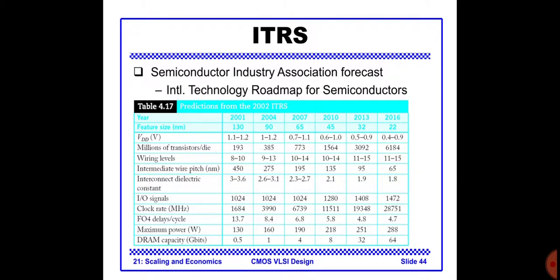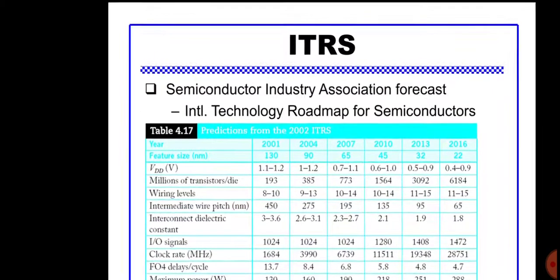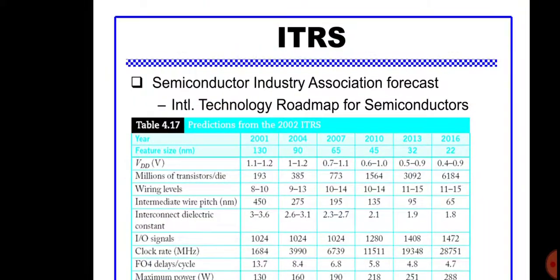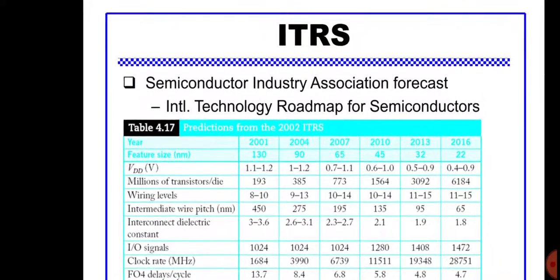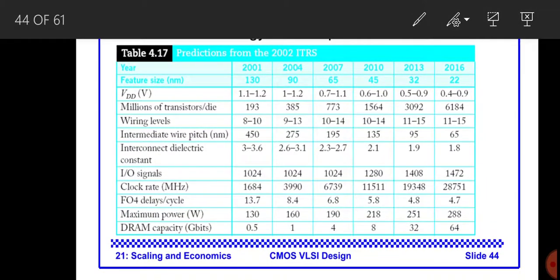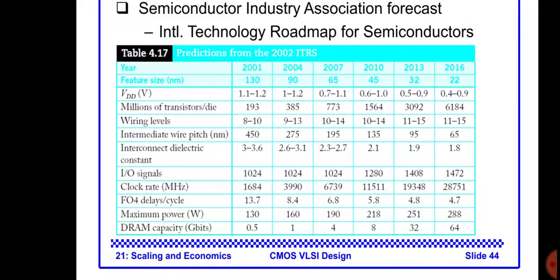The ITRS, the Semiconductor Industry Association forecast, the technology roadmap for semiconductors. The VDD in 2001, and the future size 130, and 1.12 in 2004, 1 to 1.2 in 2007, 0.7 to 1.1 in 2010, 0.6 to 1 in 2013, 0.5 to 0.9 in 2016, 0.4 to 0.9.